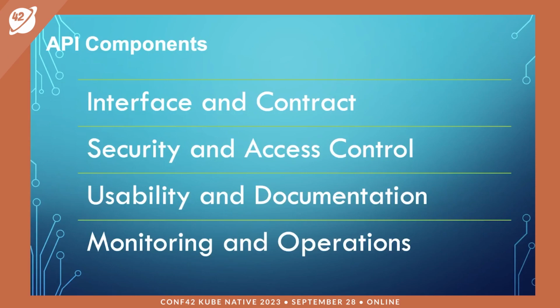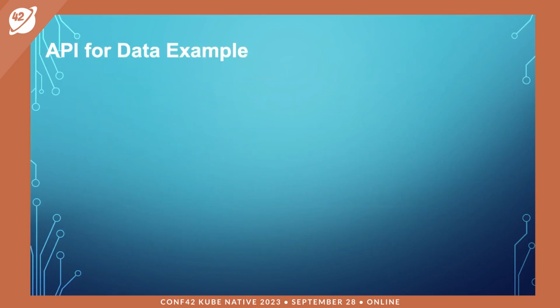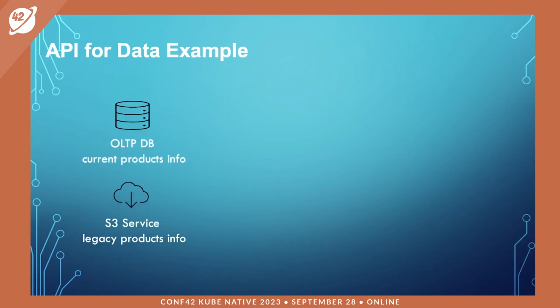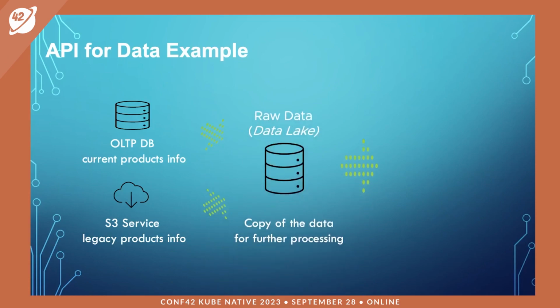The same thing goes for an API for data. But one of the main changes is what the usual interface and contract is for an API for data. Continuing with our e-commerce app example, we have two data sources, OLTP DB and an S3 service, which contain different types of product information. We need to ingest this data, right, to copy into a raw data lake.